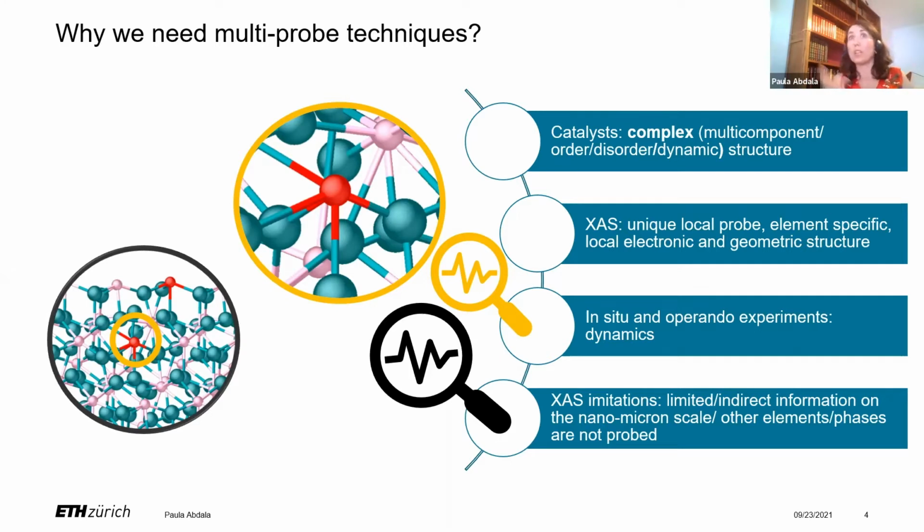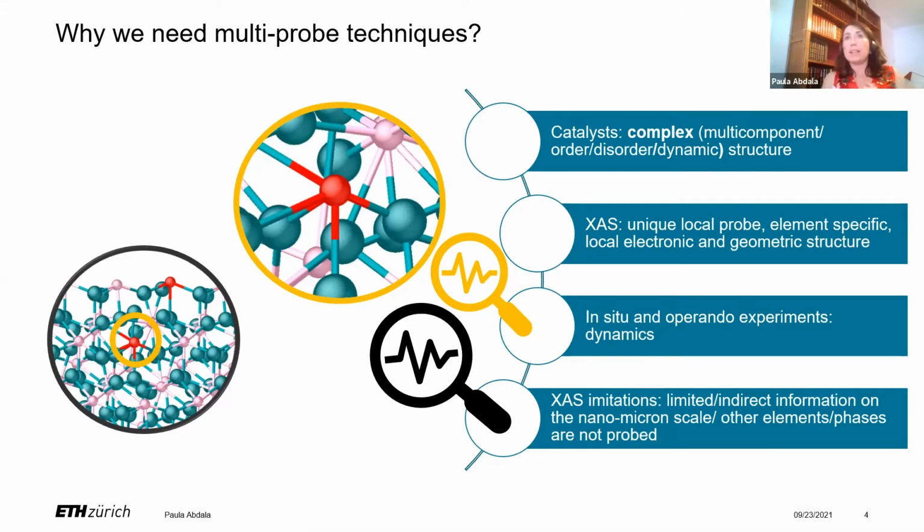However, there are, of course, limitations of the technique: we cannot study a longer range order, or at least not directly investigate the longer range order. And we are also, let's say, blind to other species that may be interacting with our materials.